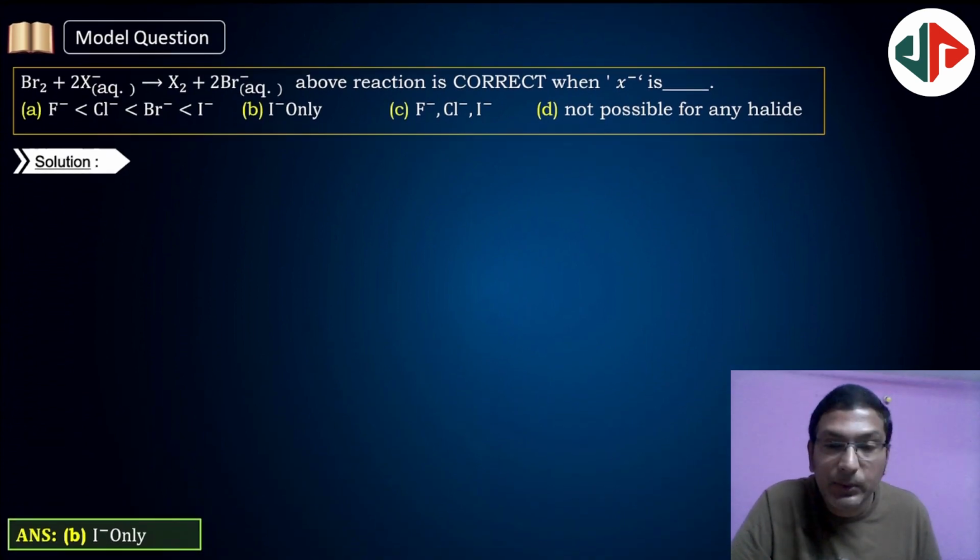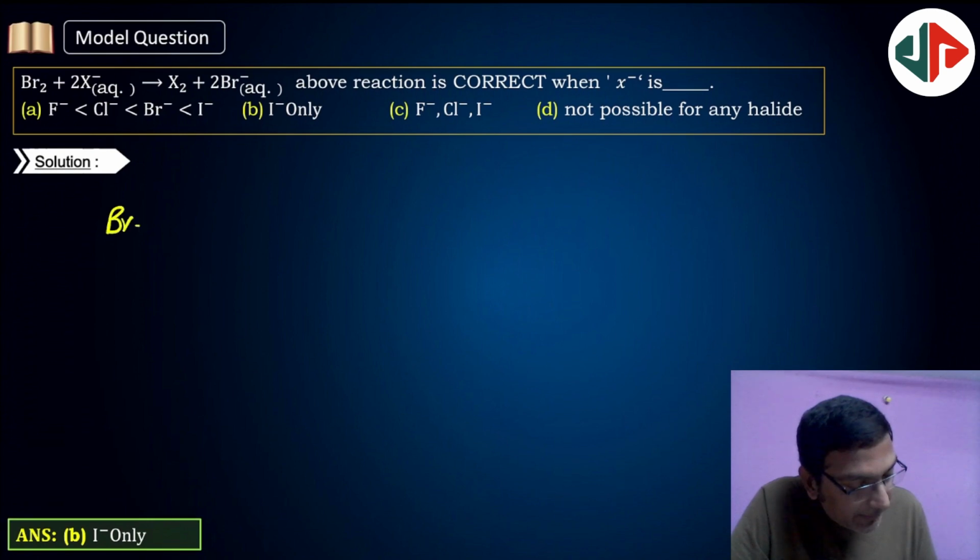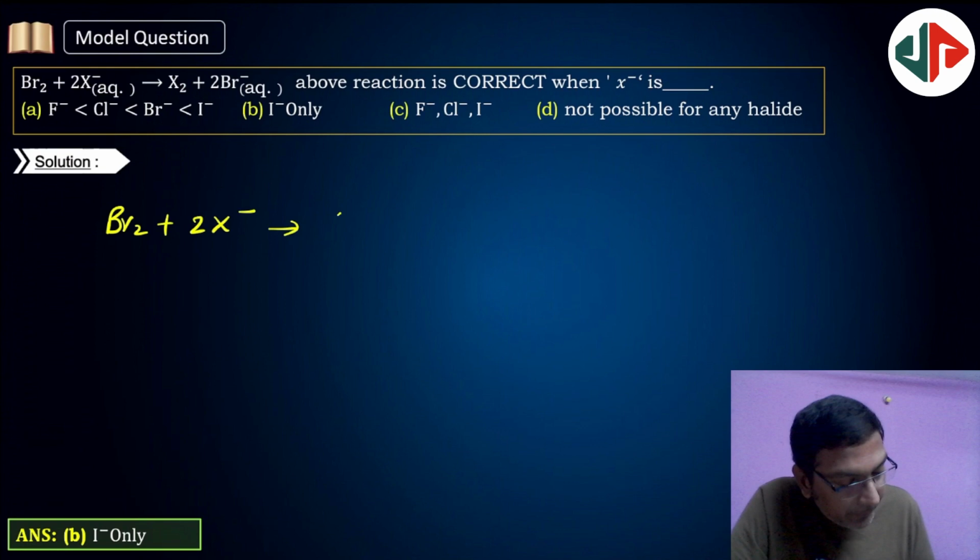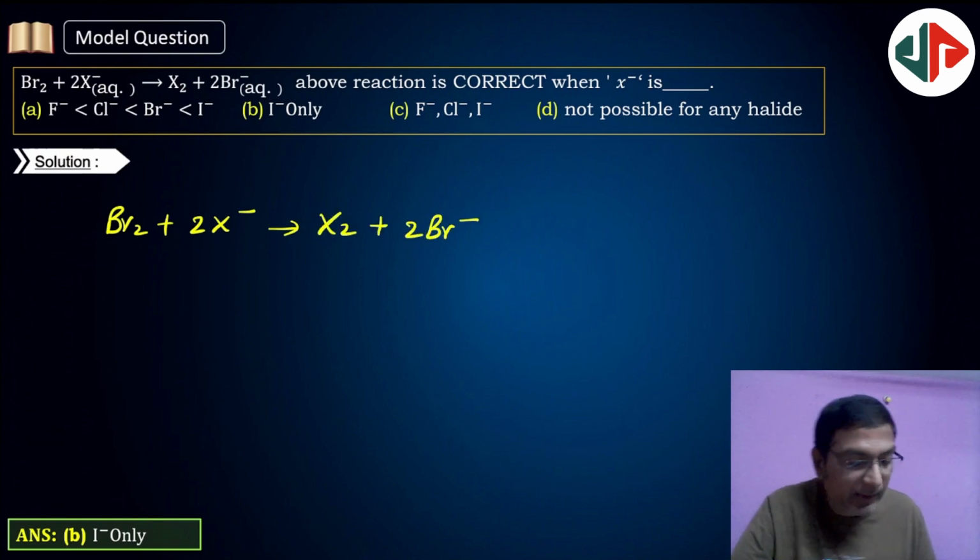So Br2 plus 2X minus gives X2 plus 2Br minus. The above reaction is correct when X minus is.